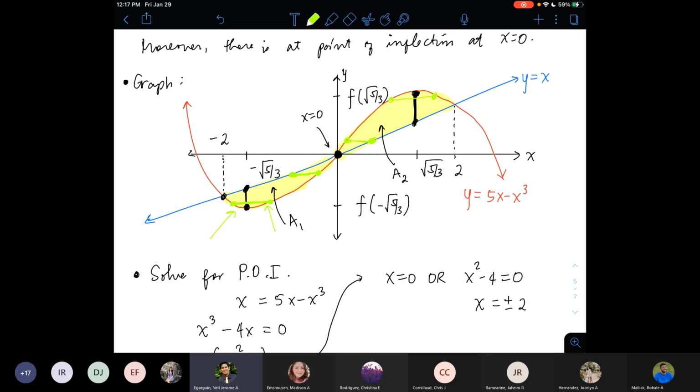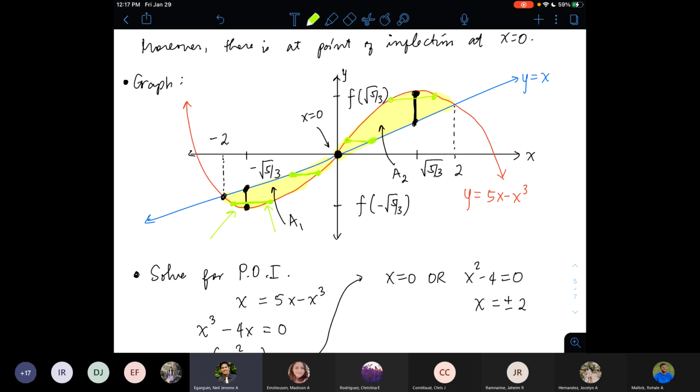So if you insist on using horizontal strips, you will need 4 integrals to solve this problem, compared to vertical strips, where you only needed to split the integral twice. Horizontal strips will require us to split it 4 times. Okay.